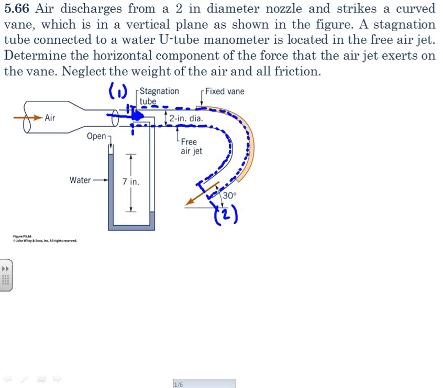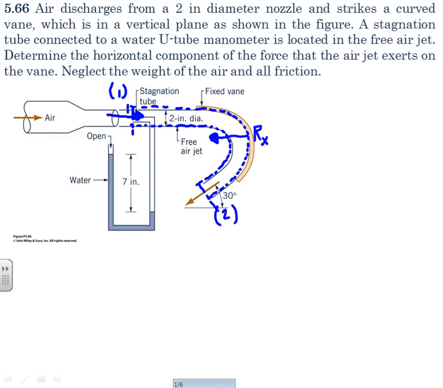In addition to that, we're also going to have some force that the vane places on our control volume. This is an external force placed on our control volume. That's going to be the reaction force, call it R sub x, and that's the force that the vane is going to exert on our fluid.